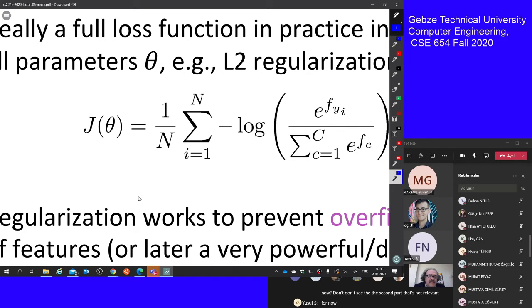Our formula did not change. This was the formula for the softmax-based classifier. Now I started using this neural network which has many layers, and I still keep using the softmax. Why do I use the softmax?